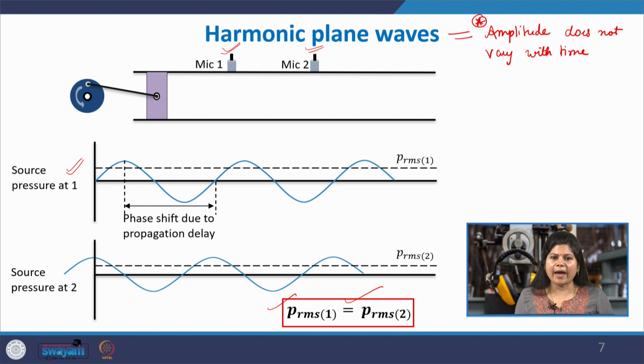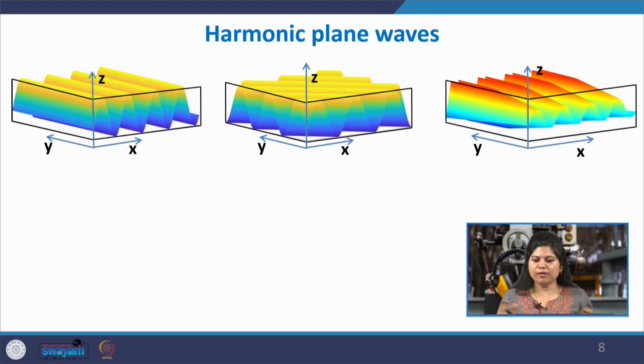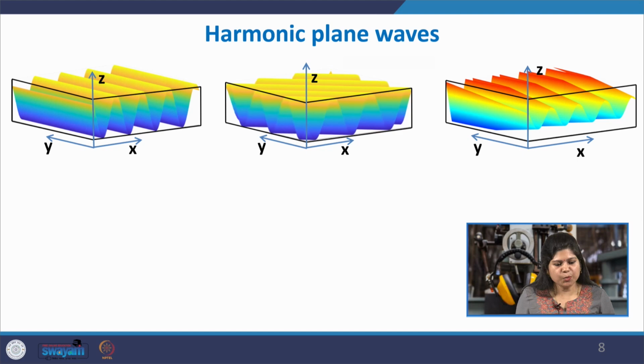For some waves, the amplitude will vary, especially with the spatial distance. So, here the amplitude remains the same. Hence, ideally these waves are not getting attenuated with distance or space. So, let us see whether we can differentiate a harmonic plane wave from something which is not harmonic and planar. So, let us start with the first figure.